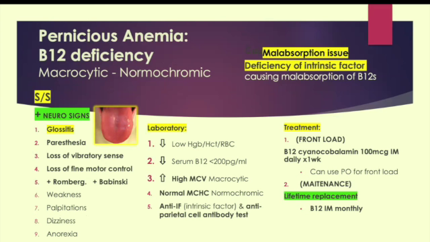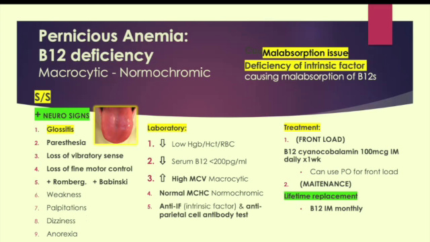And then with pernicious anemia, you have signs and symptoms of glossitis, like folate deficiency, but this one involves neuro signs like paresthesia, loss of vibratory sense, loss of fine motor control, positive Romberg, positive Babinski, also weakness, palpitations, dizziness, and anorexia.